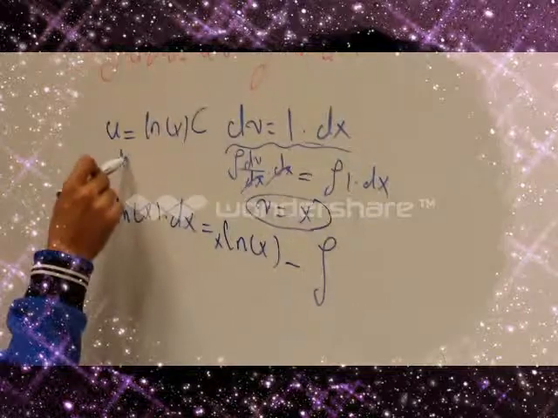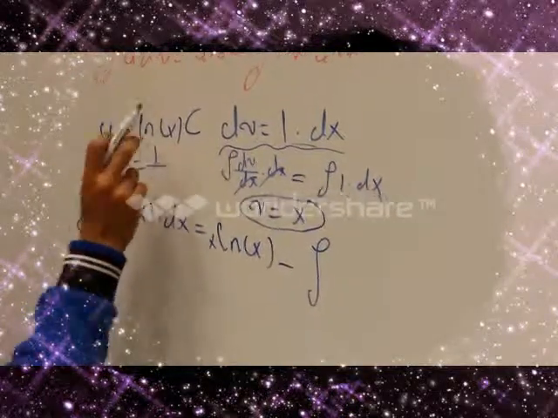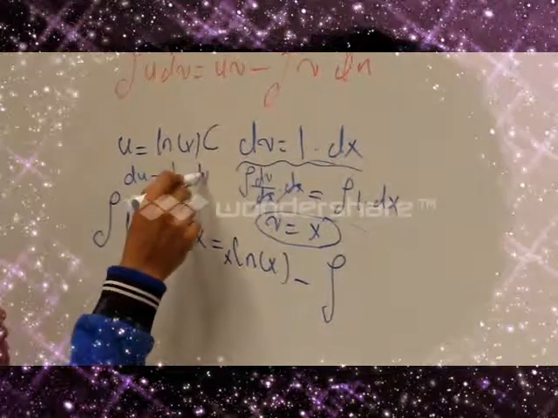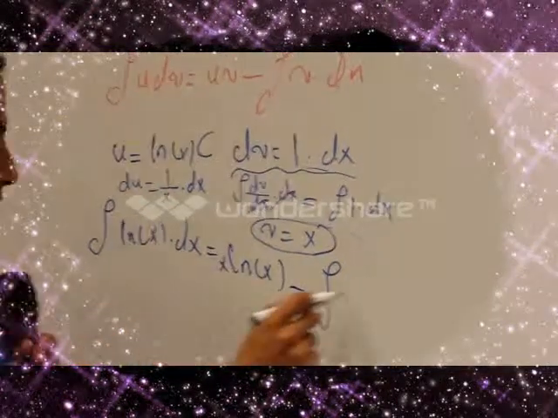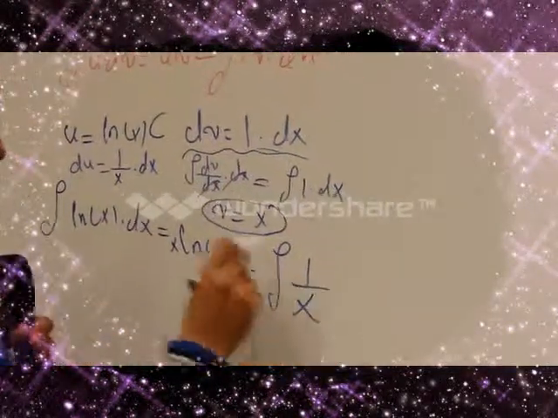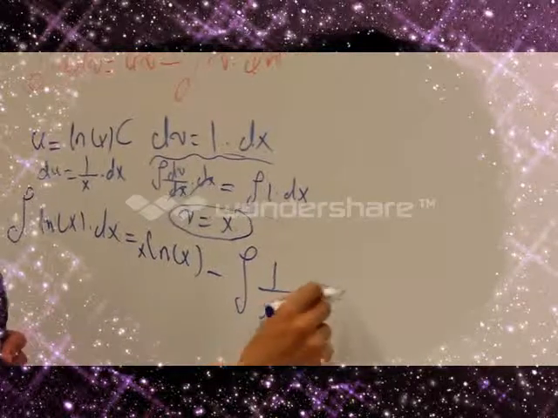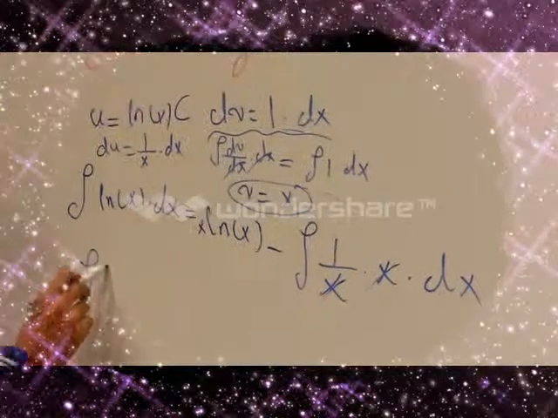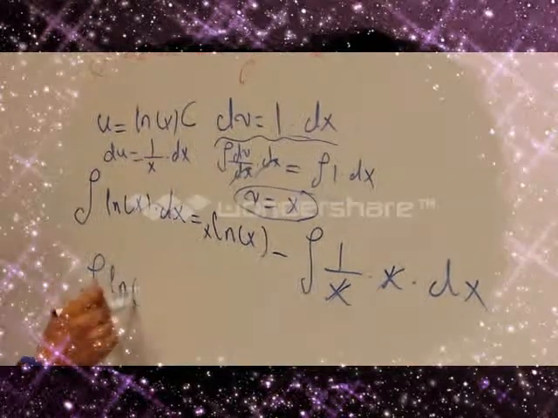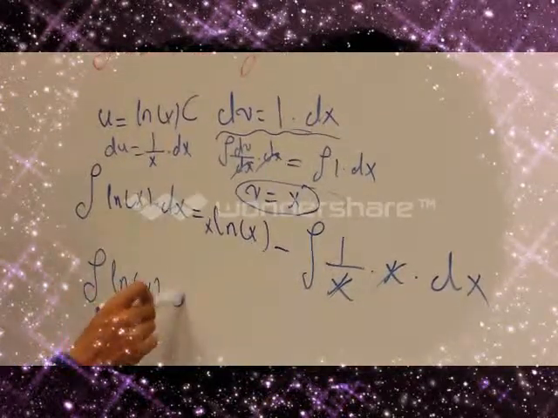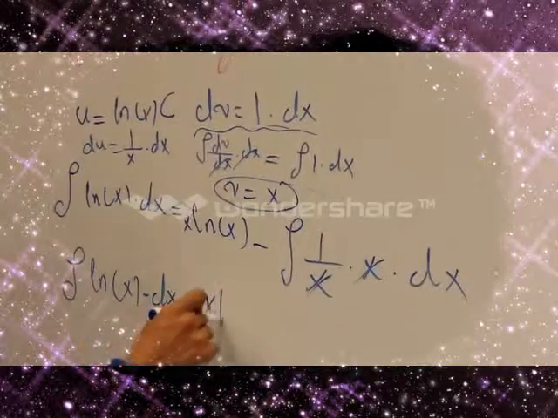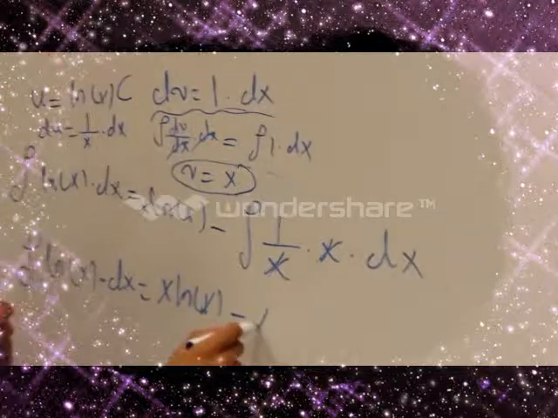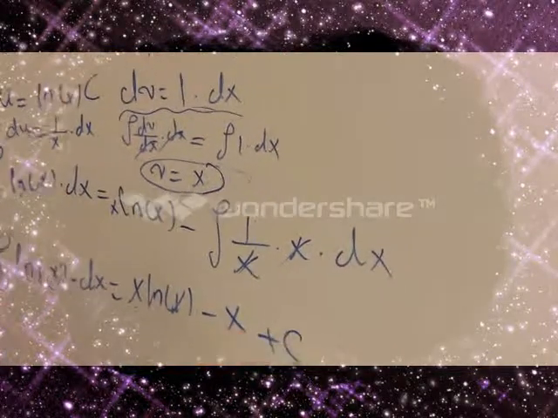We now have du equals, you know that the differentiation of ln x is 1 over x dx. Okay, so it becomes 1 over x multiplied by v, which is x, dx. So right now we have the integral of ln x dx equals x ln x minus the integral of 1 dx, which is x, plus c.